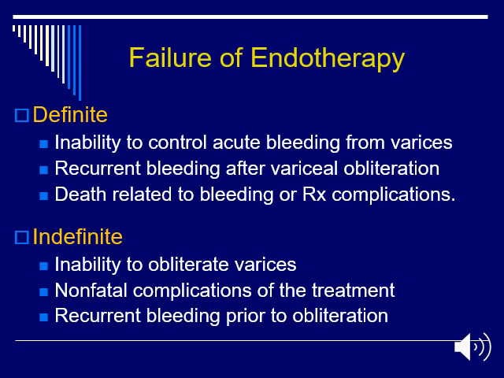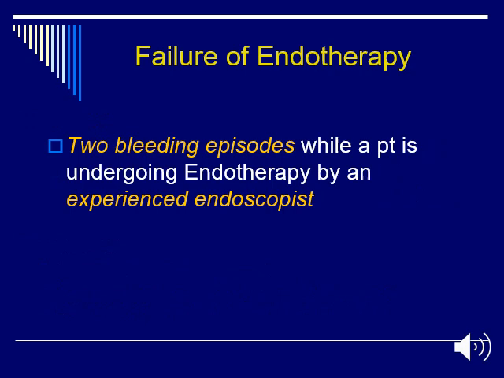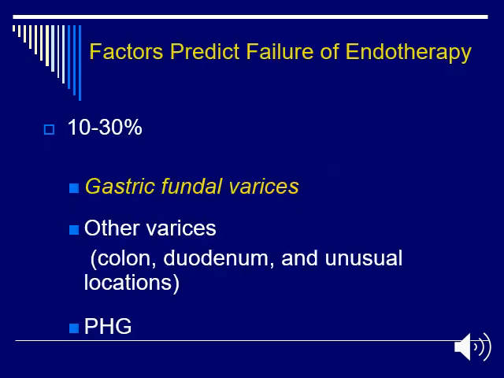Failure of endotherapy could be defined as the inability to stop the acute bleeding, or if there is recurrent bleeding after obliteration, or there is recurrence in the same hospitalization. But most people will agree that if the patient has two bleeding episodes in the same hospitalization and you have done endotherapy by an experienced endoscopist and it is still bleeding, then that means there is failure of endotherapy.